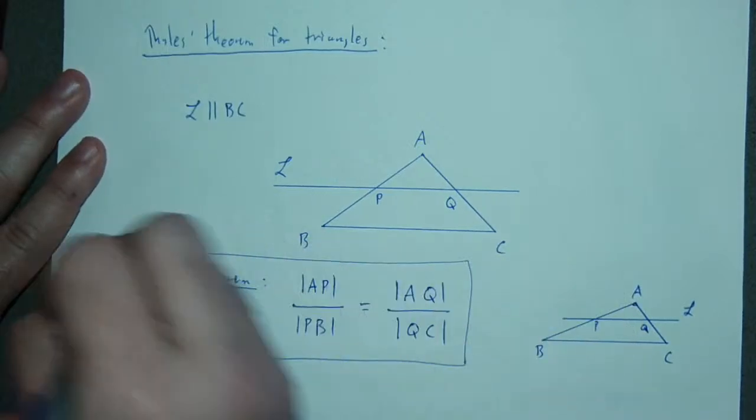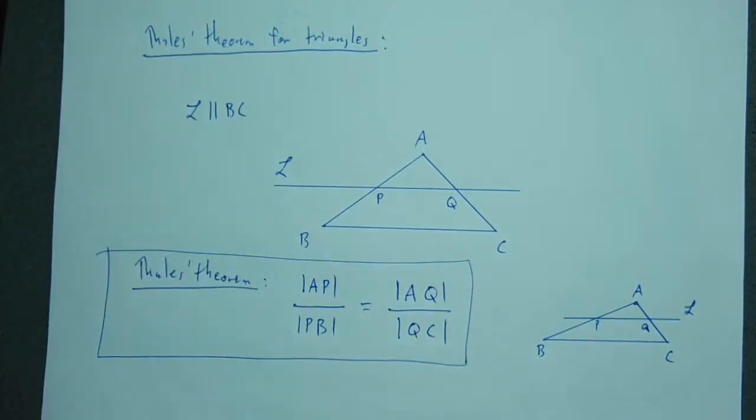But it turns out that Thales theorem is going to be actually really important, period, because it's going to be the thing that gets us algebra into geometry, and this is going to have a ton of applications. So there's a lot of stuff that comes out of this. So just what I said here.